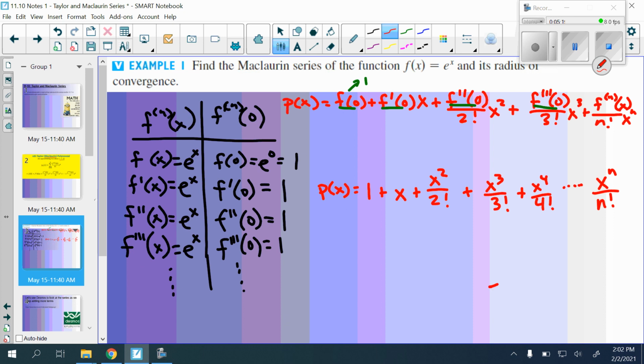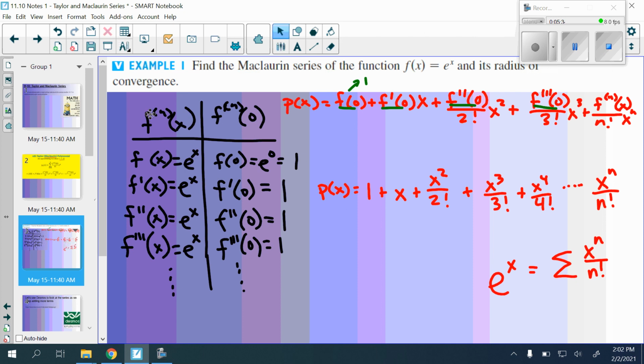So e to the x, another way to write it is the infinite series of x to the n over n factorial. So that's another way you can write e to the x.